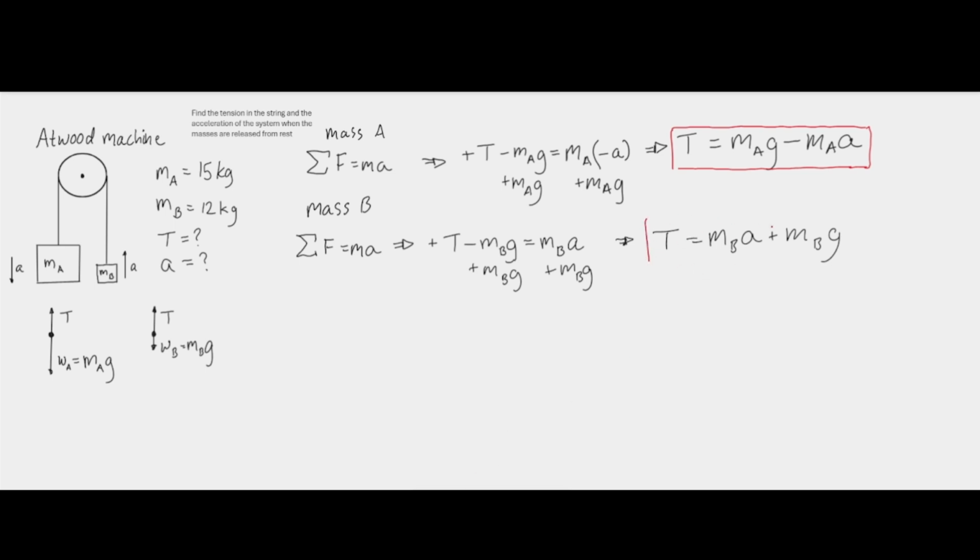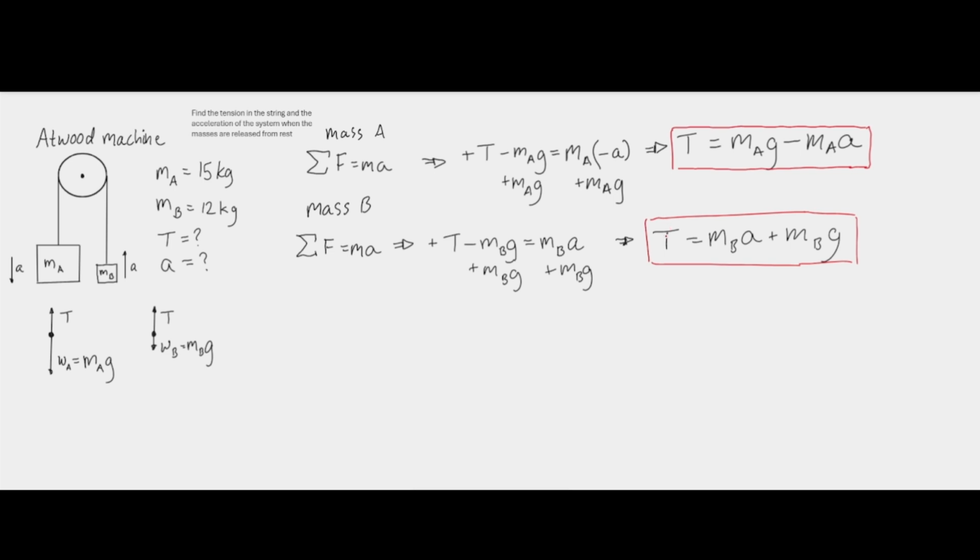And that's it. I found those two equations for the two objects, and now we can set them equal to each other. And the reason we want to do that is because I can then solve for a. a is unknown at this point. We don't know what a is. We know what g is. We know what the masses are, but a is unknown.